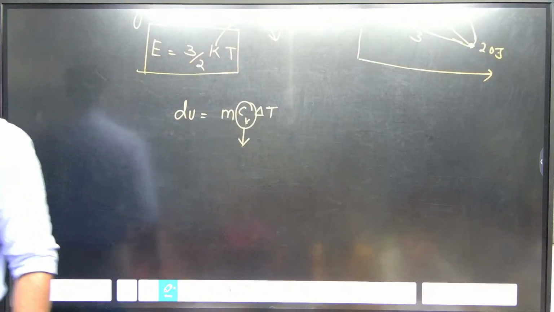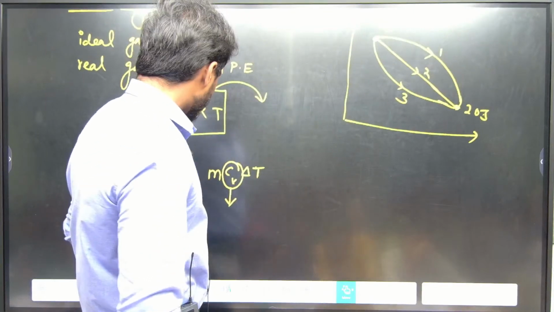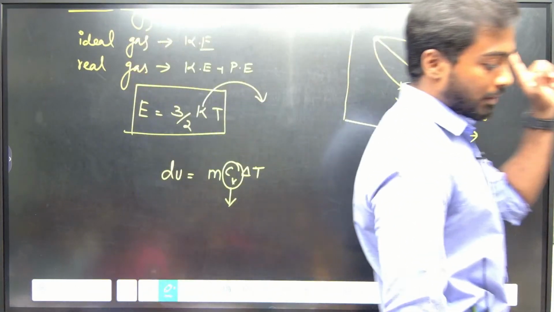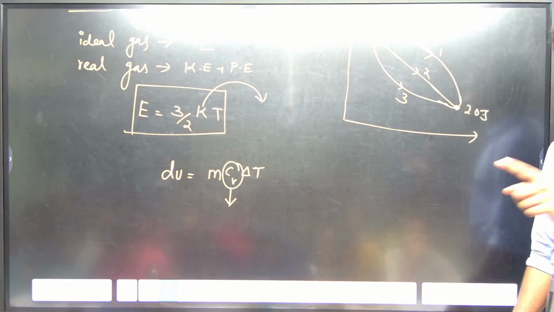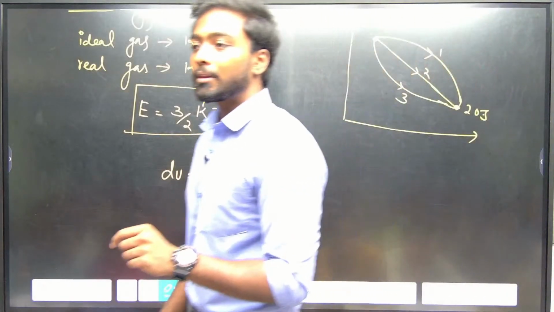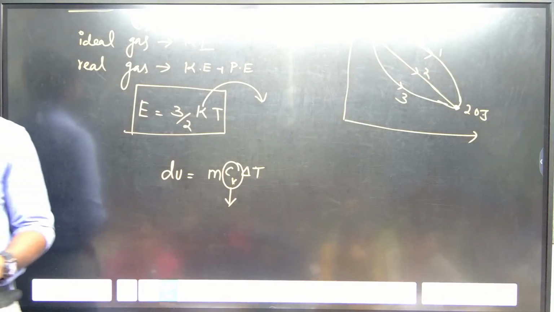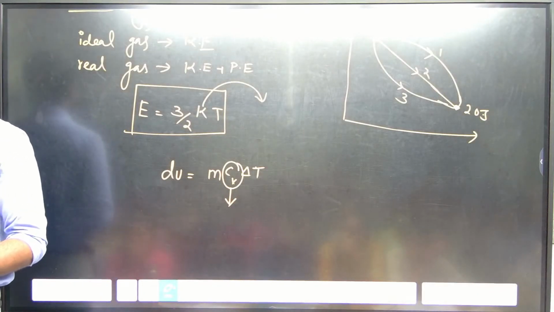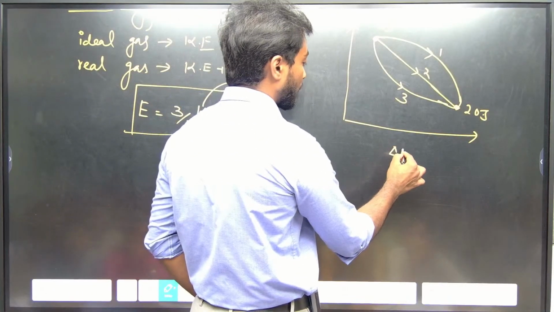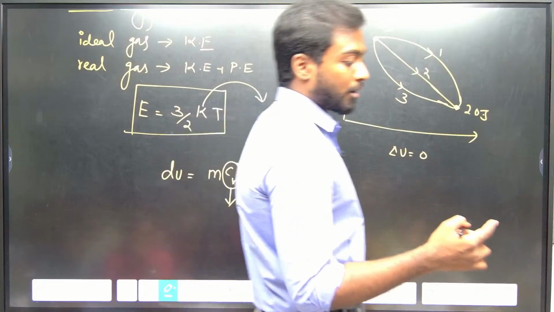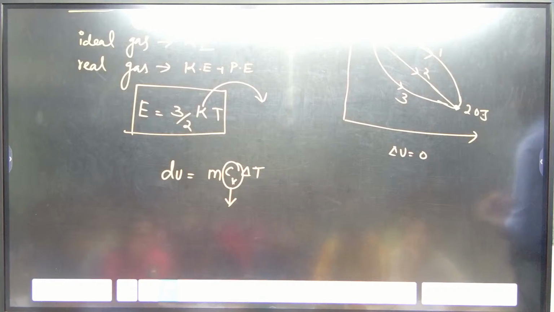Listen here, there is a question. I told that it depends on the initial and final point. Now if I talk about the cyclic process, then what will be the internal energy? For a cyclic process, delta U will be equal to 0. Then according to the first law of thermodynamics, if delta U is equal to 0, what will be the equation?